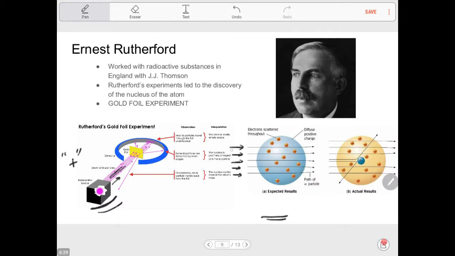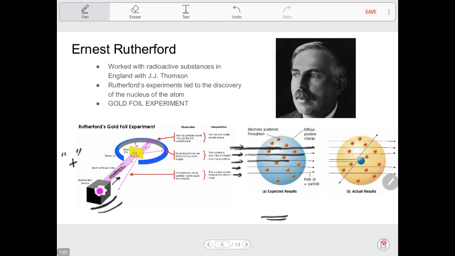The positive alpha particles come right through. Based on them going past an electron, they might bend a little bit, but no big deal. So here's what they expected. The positive alpha particle should shoot right through and come out the other side in a straight line. But the results were quite different than what they had expected.